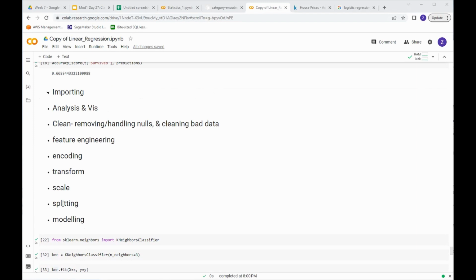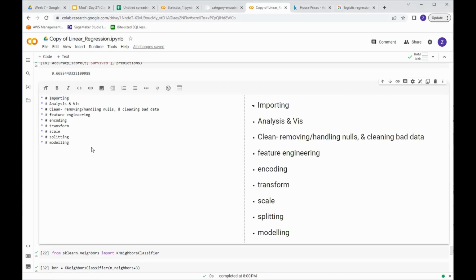Now this split piece you can actually do upfront, right after analysis, depending on how you want to handle it. This splitting can be done right after this analysis and visualization piece.